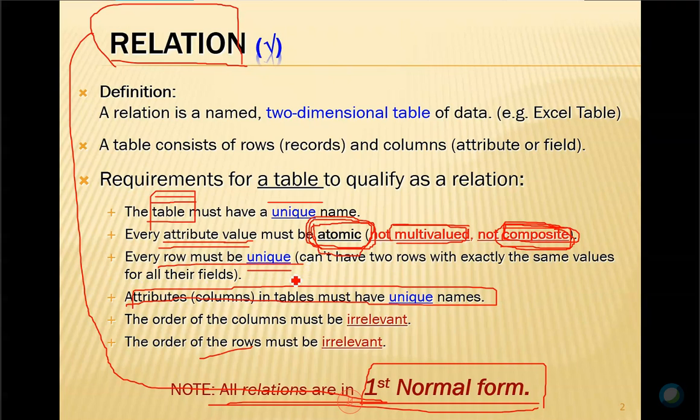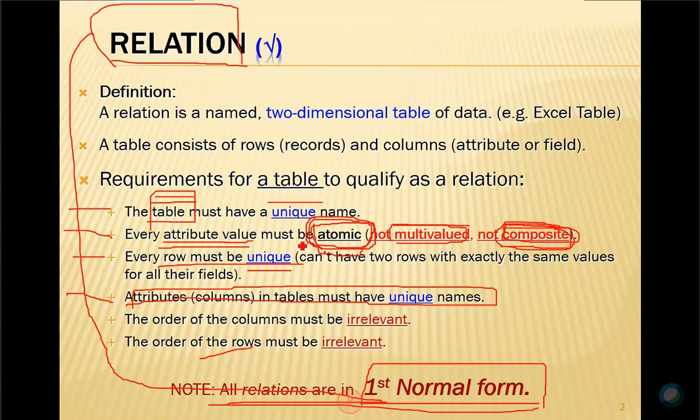So I don't want two records showing the name JJ, ID 12345, birthday January 1, 1970. No two rows should have exactly the same values, otherwise I'm creating redundant data. So the names, the tables, the records, the columns should all be unique.